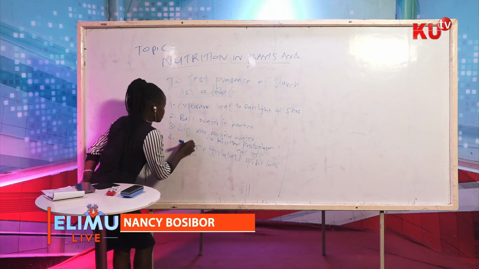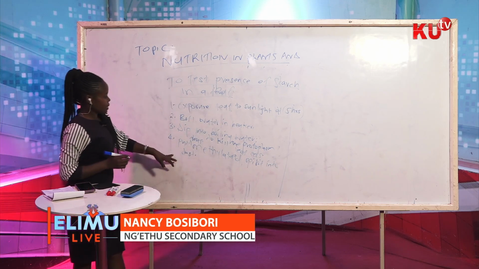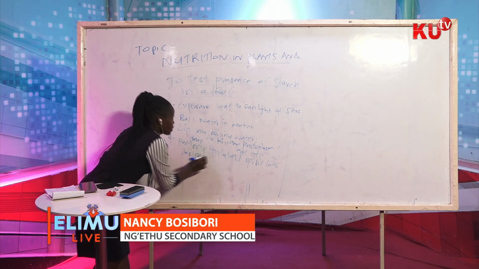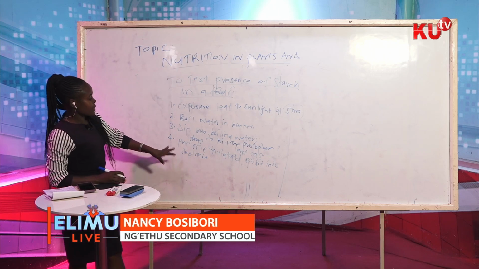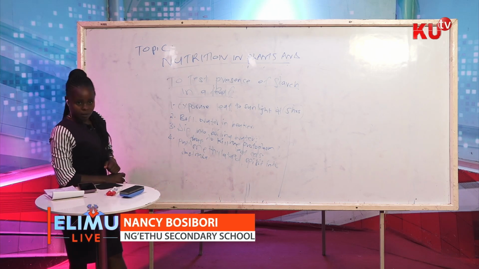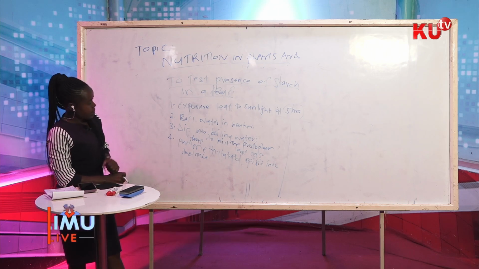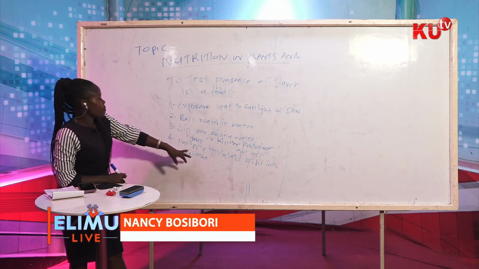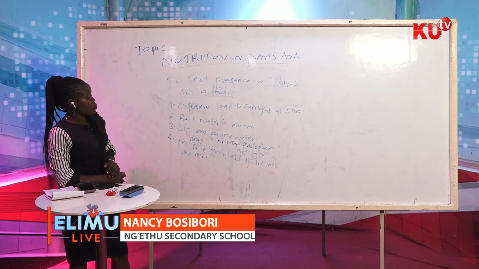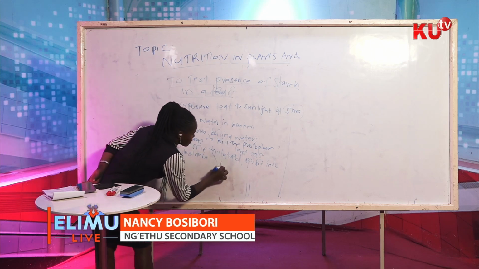Put the leaf in the methylated spirit in the test tube. And next, stand that test tube in boiling water or in a hot water bath for about 10 minutes. The reason for putting your leaf in methylated spirit is to kill the chlorophyll, or to decolorize.